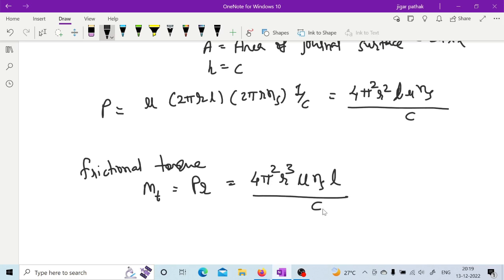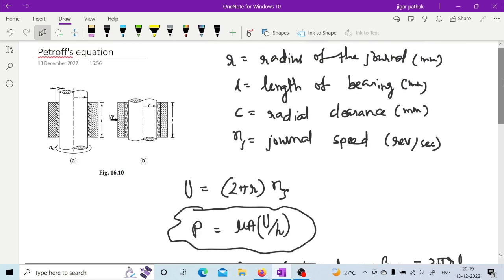Now if you consider radial load acting on the bearing, as it is mentioned in the figure, so we are talking about this particular radial load. If you consider that radial load W, then pressure because of that radial load can be given as P is equal to this radial load upon projected area of bearing.